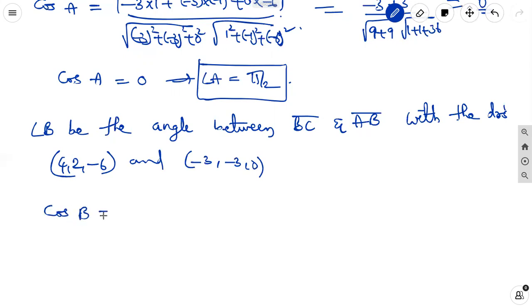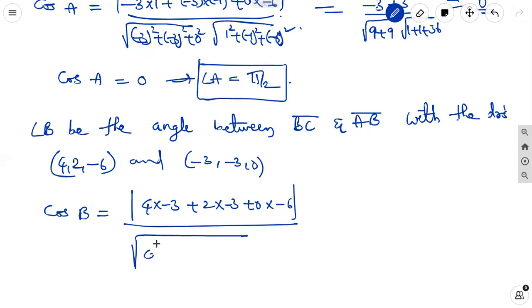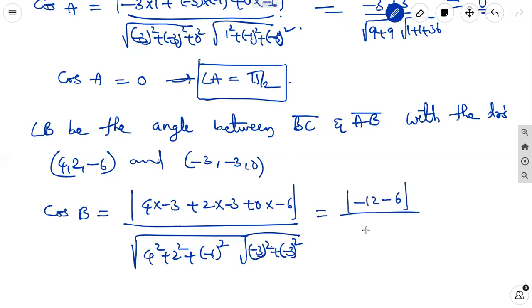Then cos B equal to modulus of (4 into -3 plus 2 into -3 plus 0 into -6) by under root of (4 square plus 2 square plus -6 whole square) under root of (-3 square plus -3 whole square). It is equal to (-12 minus 6) by under root of (16 plus 4 plus 36), that is 56.